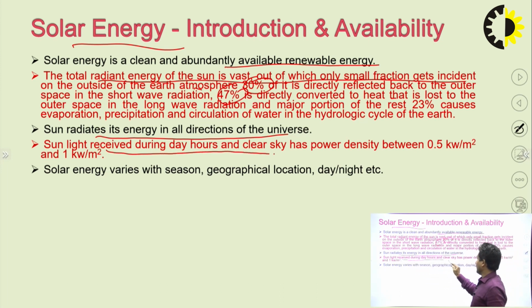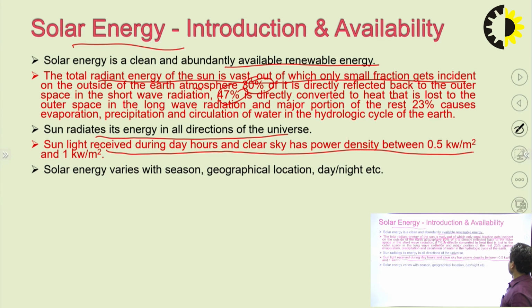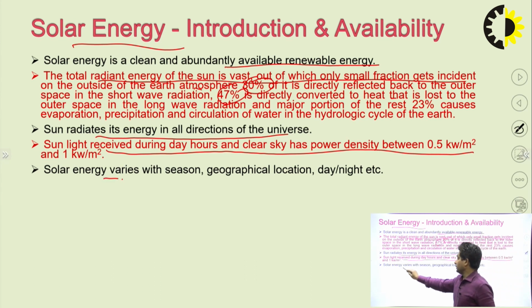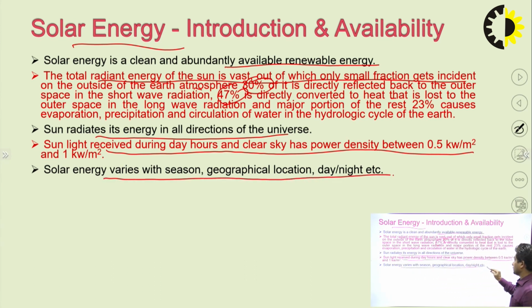Sunlight received during day hours with a clear sky has a power density between 5 to 10. Solar energy varies with seasons, geographical location, day and night. So we do not get power 24/7; in a day it is approximately 6 a.m. to 6 p.m., and it varies with summer, winter and the rainy season. When clouds are available, we do not get the exact power generation.